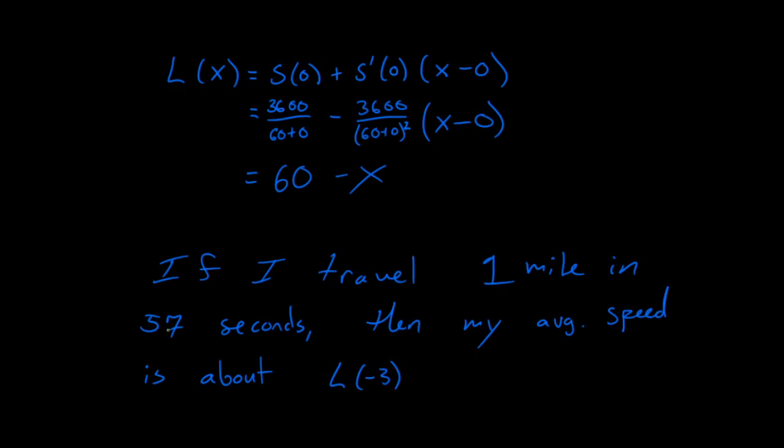Because 57, that's 60 minus 3, yeah? So 60 minus negative 3 is about 63. Okay, so if it takes me 57 seconds to travel 1 mile, then my average speed is about 63 miles an hour. This is a great trick.